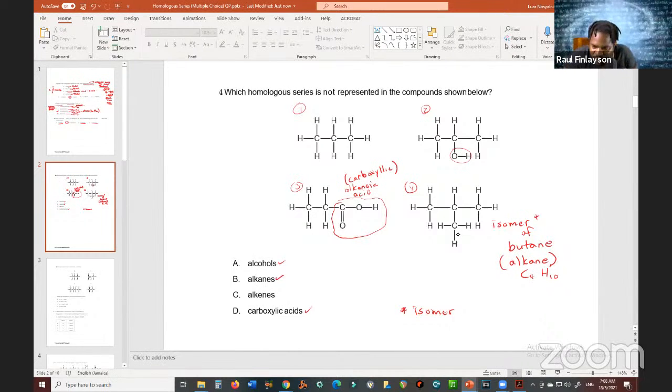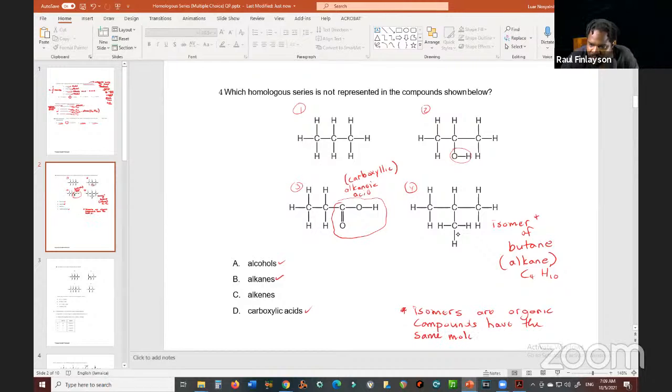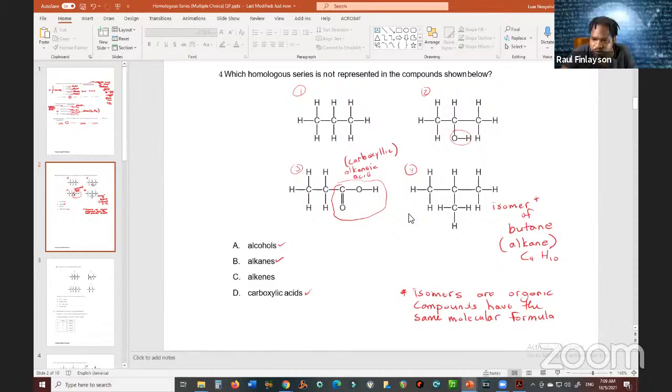So isomers are organic compounds again, having the same molecular formula, but different structural formula.